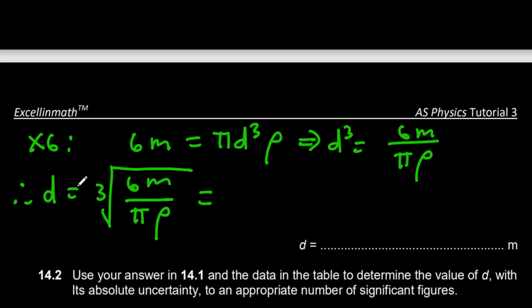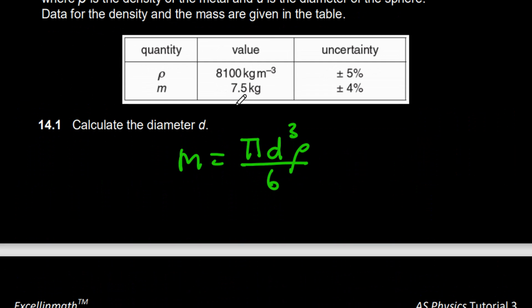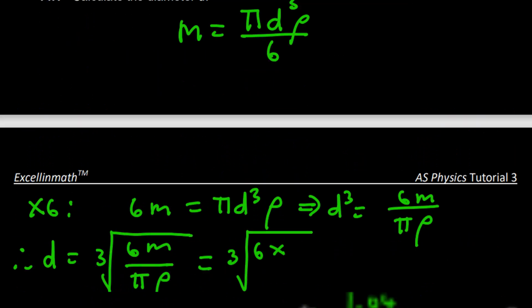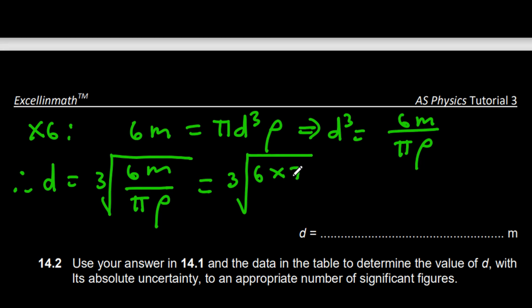So now we can find d by substituting in the values that we were given. So the mass was 7.5 kilograms. Then divided by pi times rho.